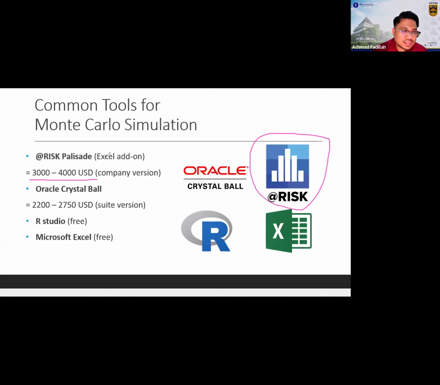Actually that's just an Excel add-on, but very powerful. Previously I calculated this as around 50 million, but nowadays the rupiah is quite weak. Now if you subscribe to this @Risk program, it's around 70 million rupiah, or 4,000 USD.